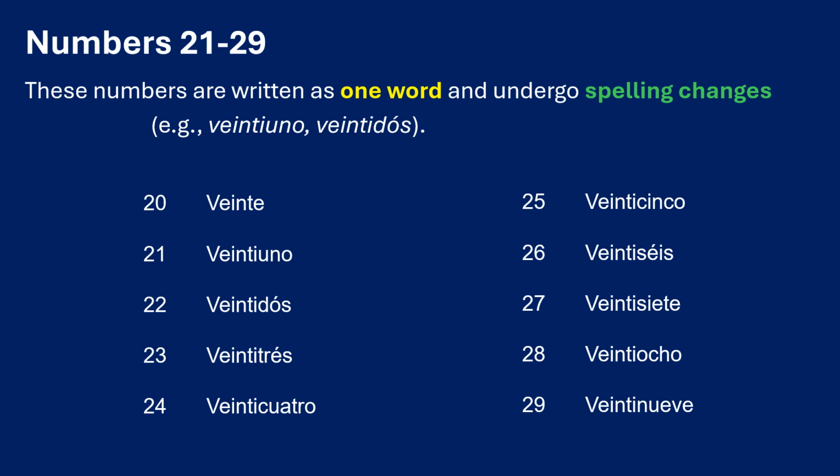They are as follows. Veinte, 20, 21, 22, 23, 24, 25, 26, 27, 28, and 29.